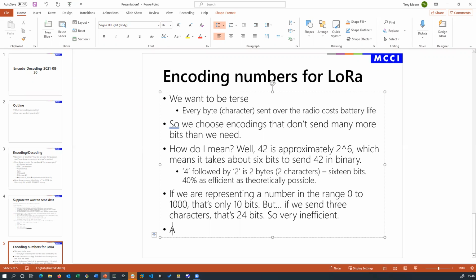So there are lots of ways to be more efficient, but one way is to just make sure that we send only a small number of bytes. So encoding is always a tension between the maximum efficiency and coding simplicity.